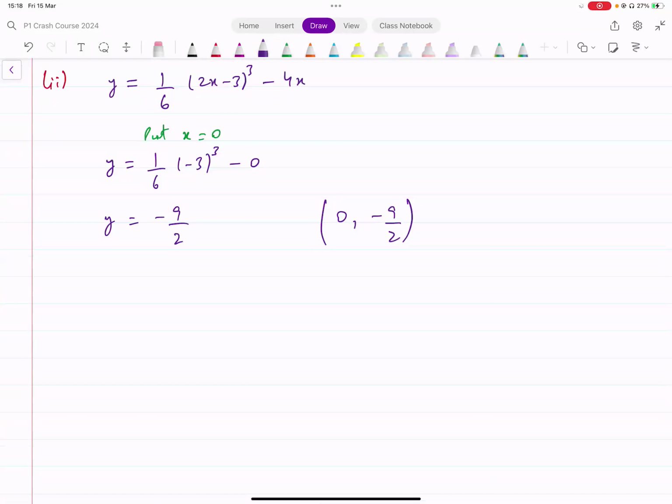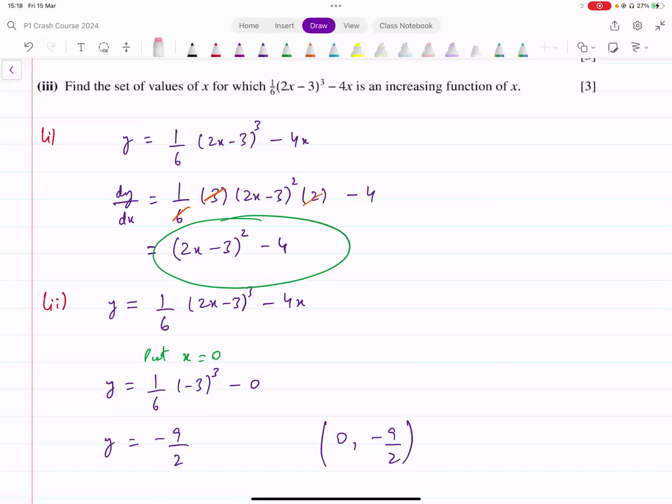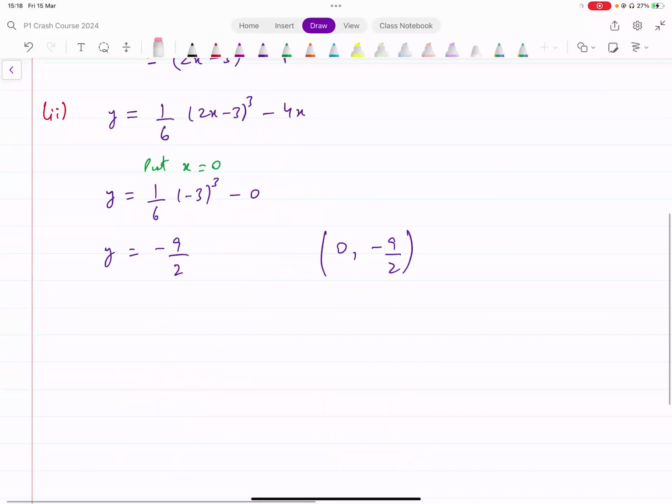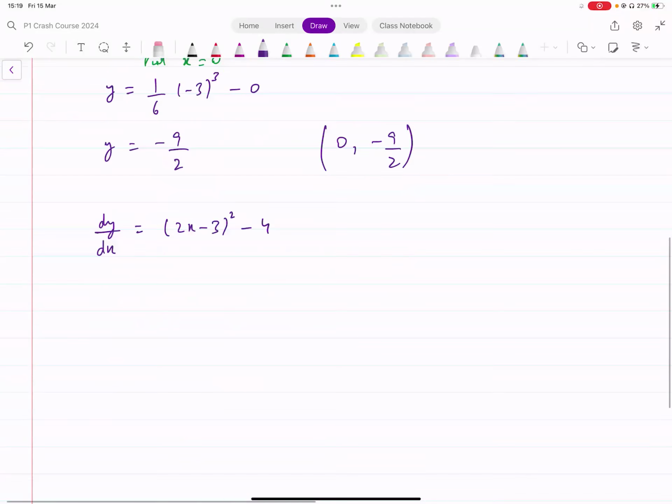What about the gradient? We have found the derivative in the previous part already. Just put x equal to 0 in that as well to find the gradient of the curve at this point. dy over dx was equal to (2x minus 3) whole squared minus 4.